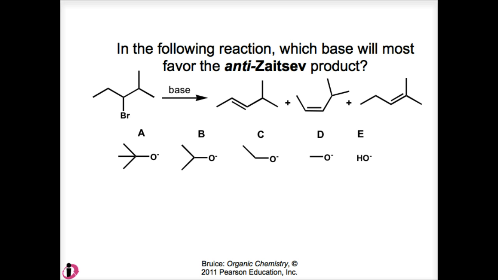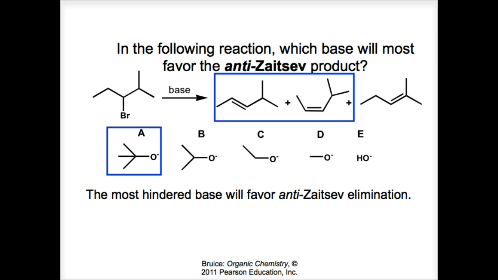Okay, in this one, in the following reaction, which base will most favor the anti-Zaitsev product? So let's pause for just a moment and take a look at that problem. Now, as you can see here, they've actually highlighted two of the answers, giving you an idea of what is happening here.